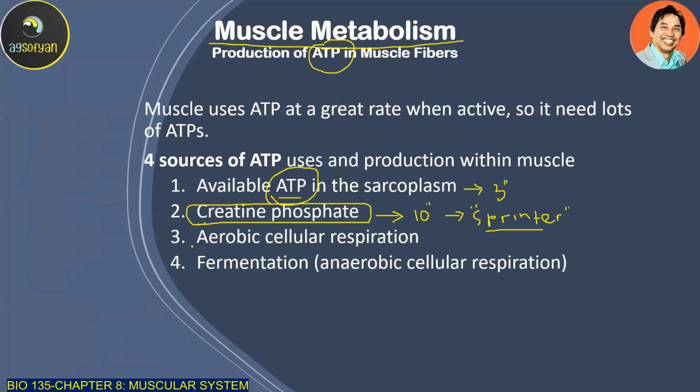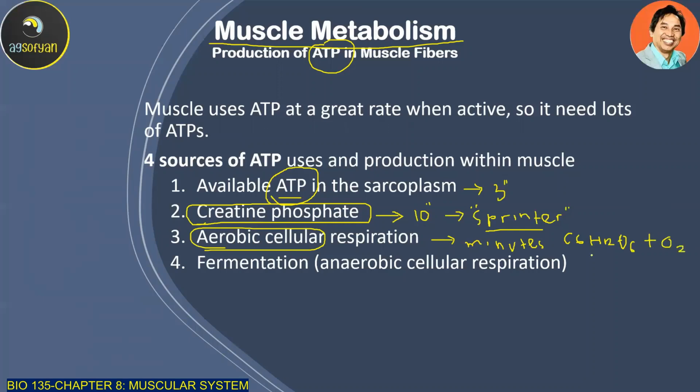Now, if we need muscle contraction for more than 10 seconds, maybe minutes or even hours, then we have to provide ATP from cellular respiration. Okay, so aerobic cellular respiration, which uses glucose and oxygen.